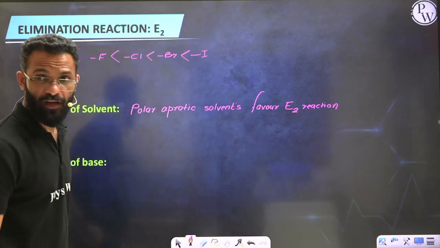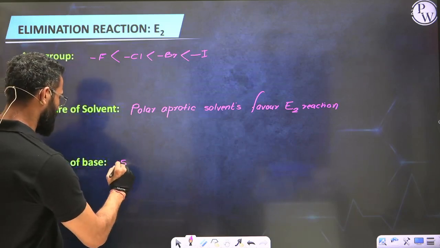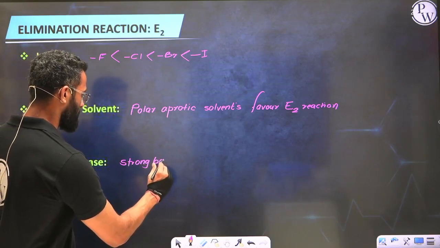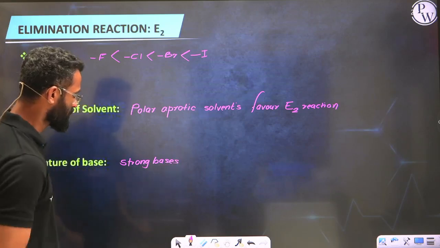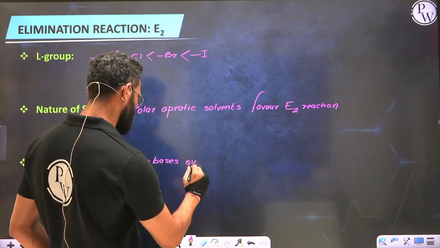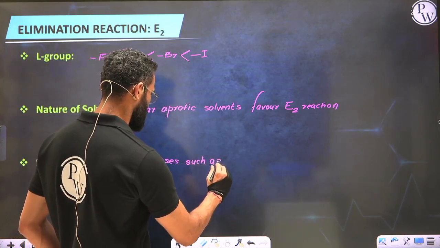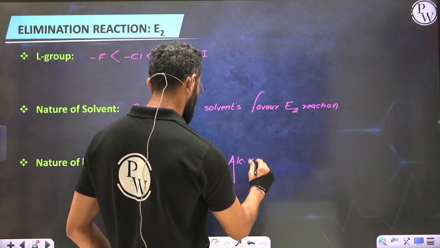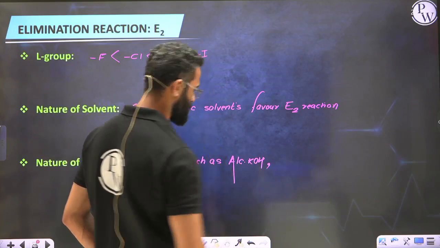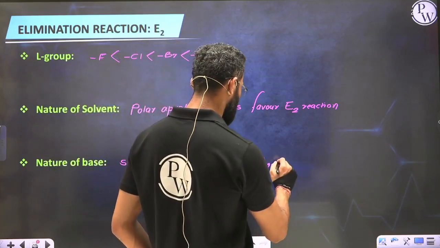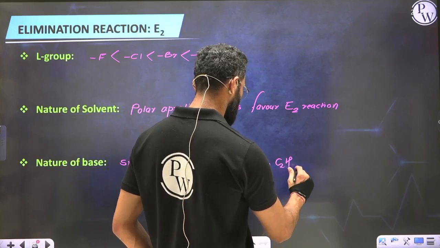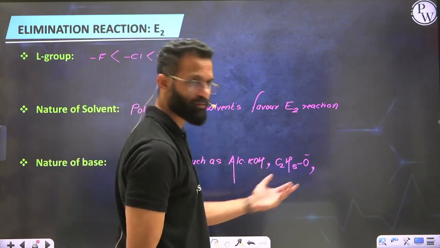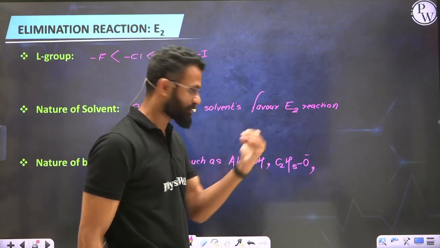Nature of base, well, we have already mentioned strong bases. We can also note them down again, such as alcoholic KOH. From alcohol, what do you remember? Ethoxide. You can put any metal ion here, sodium or potassium. Just like ethoxide, we also studied methoxide.